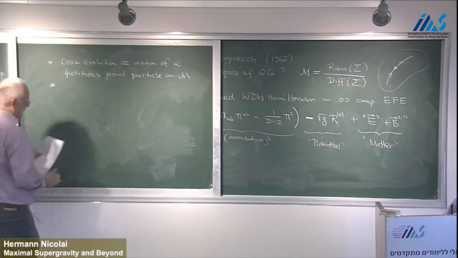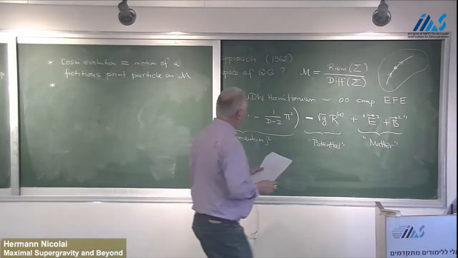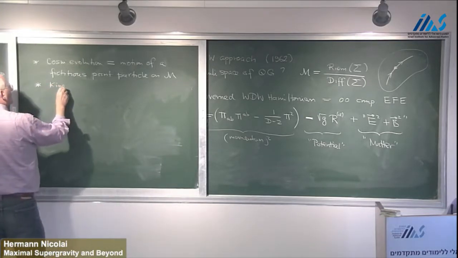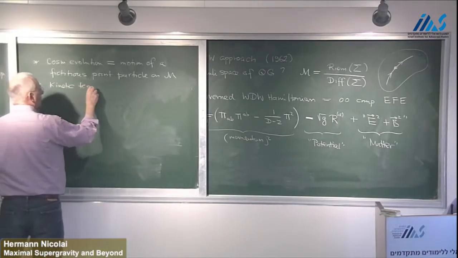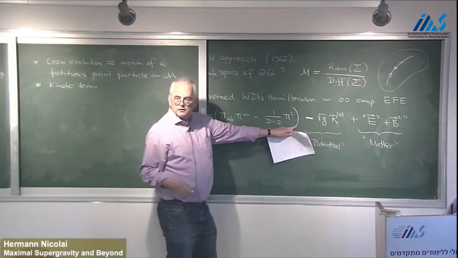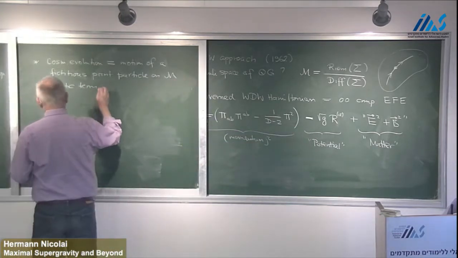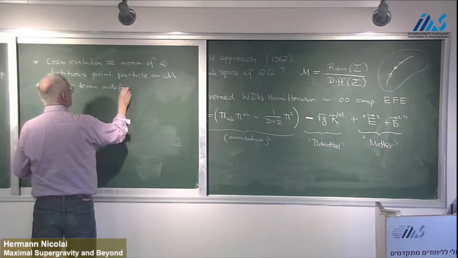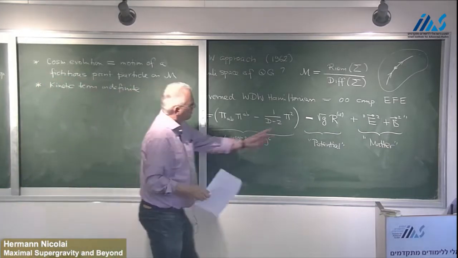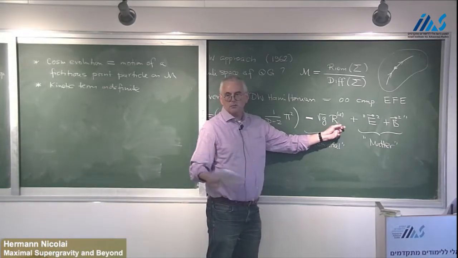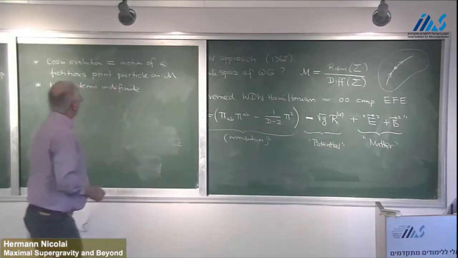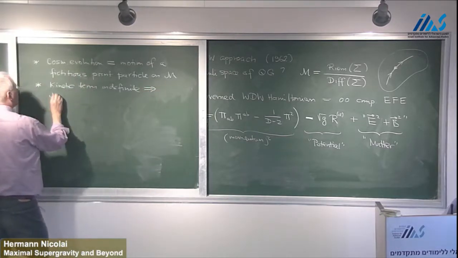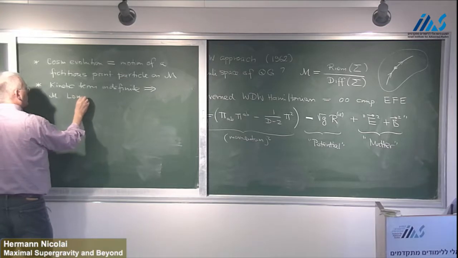The other important thing is that kinetic term here, which means this piece is indefinite. Well, of course, we also have an indefiniteness here because the spatial curvature can be either positive or negative. And this means that M is a Lorentzian manifold.